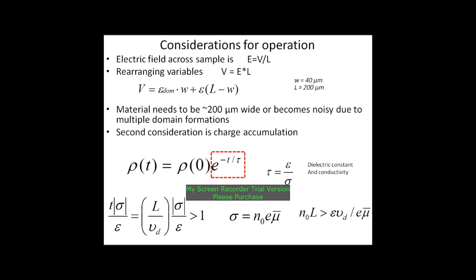And so how can we change this? Well, we can't really change the length, because if we make the length bigger, then it'll become very noisy. So the only thing we can really change is the number of charge carriers. So that means that we have to dope our material more heavily in order to operate.